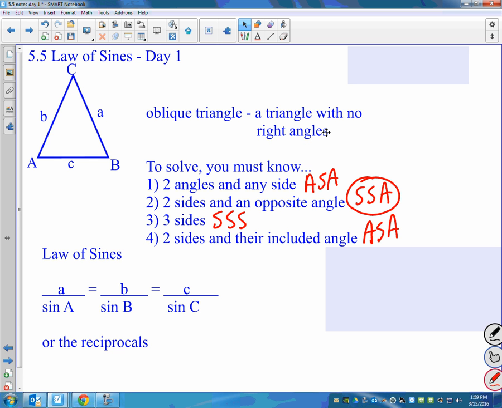So if you wanted, you could say that's the same as sine A over a equals sine B over b equals sine C over c. You'll get the same answer as long as the angles are across from the sides and the sides are across from the angles.